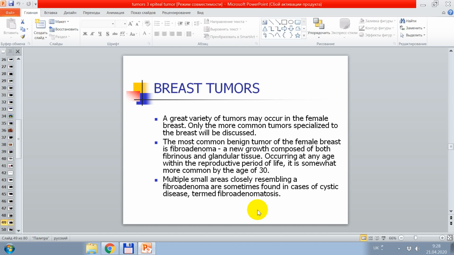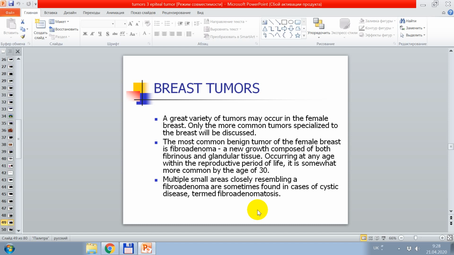Breast tumors. A great variety of tumors may occur in the breast. Only the more common tumors related to the breast will be discussed. The most common benign tumor of the breast is fibroadenoma, a new growth composed of both fibrous and glandular tissue.